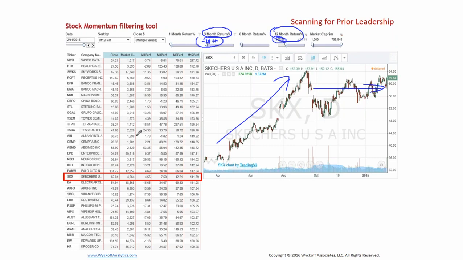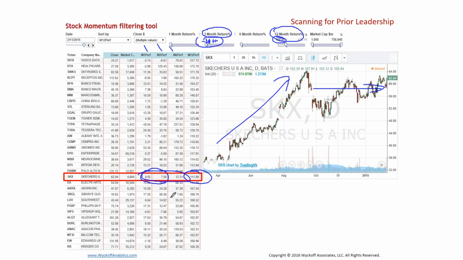So any type of scans that you can create, reflecting those ideas would be very helpful. And in this case, we're looking at the 12 months outperformance of 11% here, and see how 1 month, 3 months, 6 months actually somewhat underperforming, especially the 1 and 3 months right here. So, and that's exactly what you're looking for.